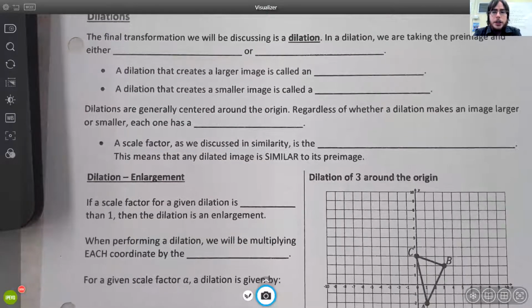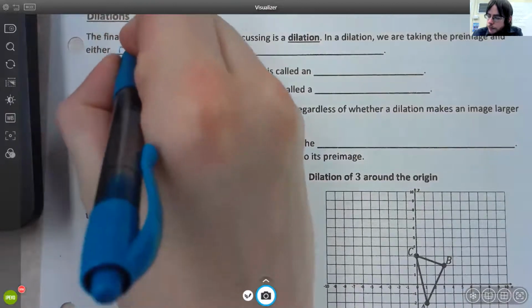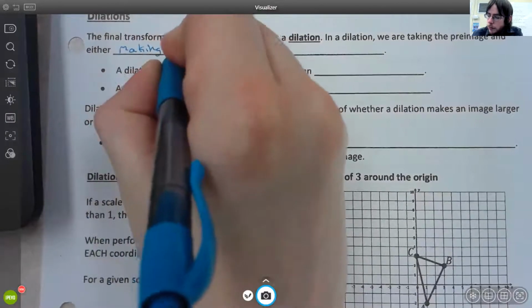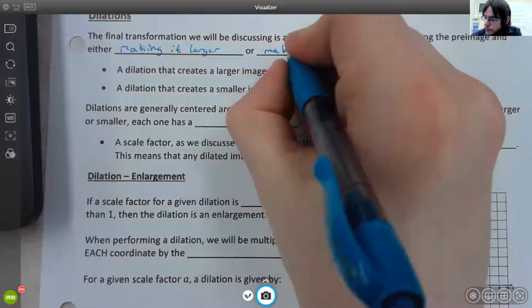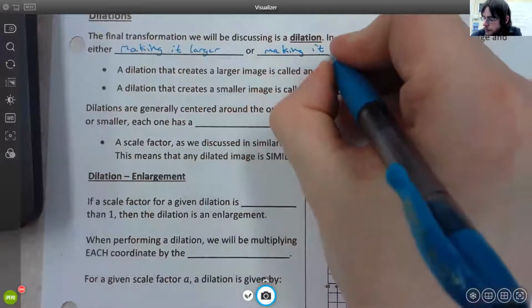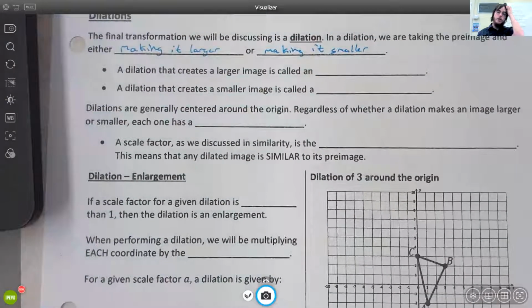So in a dilation, we're taking the pre-image and we're either making it larger or making it smaller.